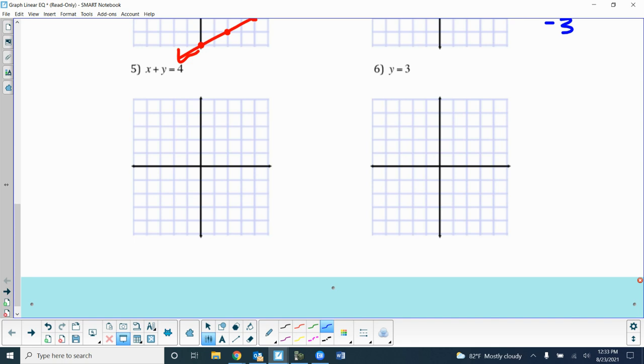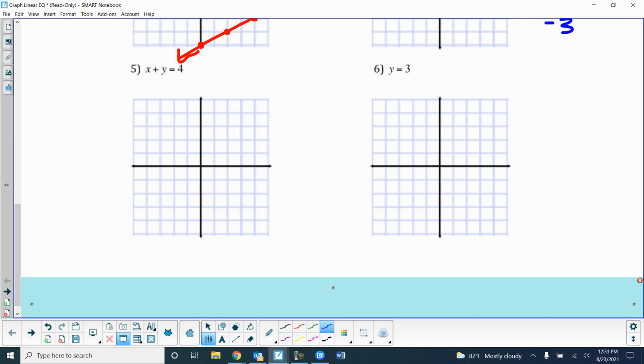Okay. I would suggest just automatic. Yes, it does. That would be negative X, negative X. Make it an equation. Y equals negative X plus 4.